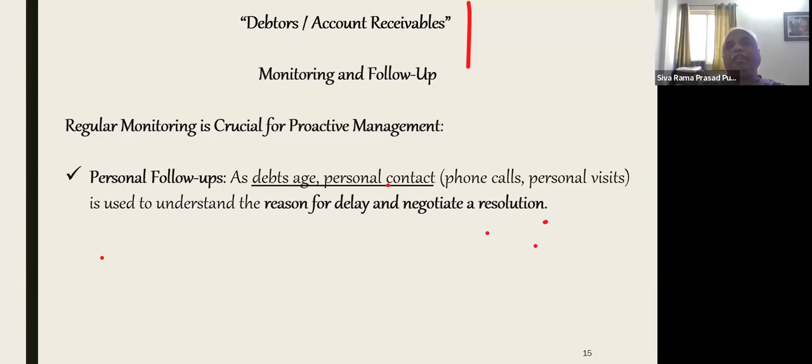Some other people are not bothered about the data. They are not bothered about the account receivables. This is my personal observation whenever I am interacting with IRPs or RPs. Personal follow-up as debt ages, personal contact, phone calls, personal visits to find the reason for delay and negotiate a resolution.